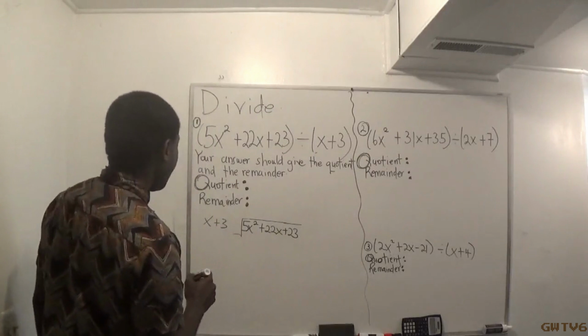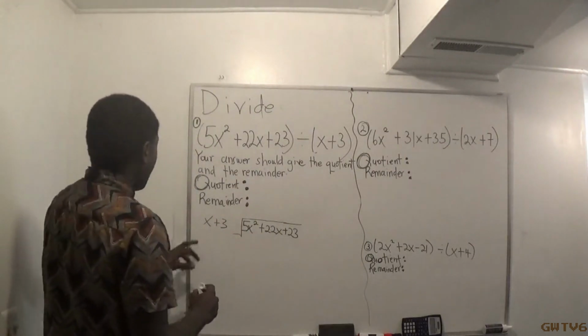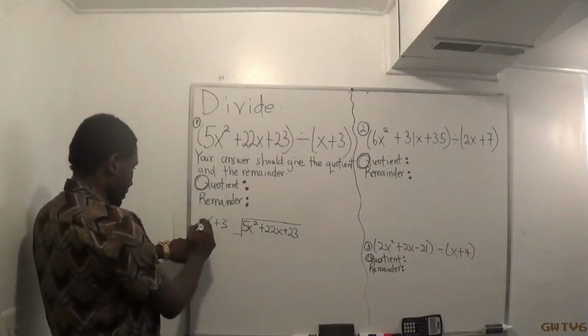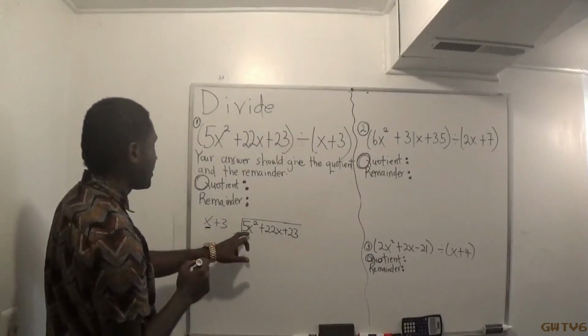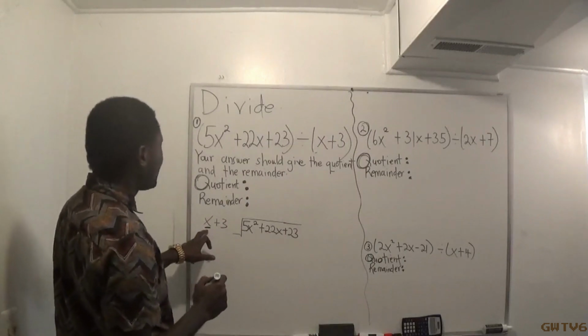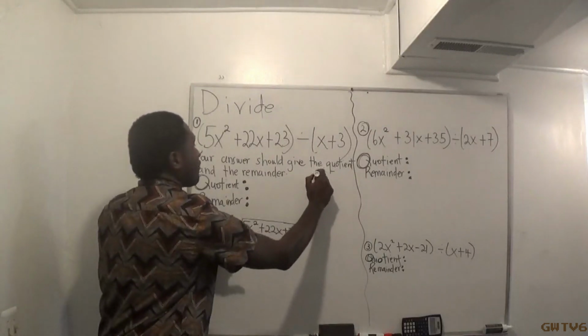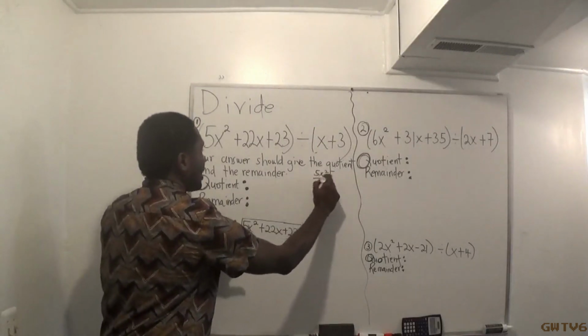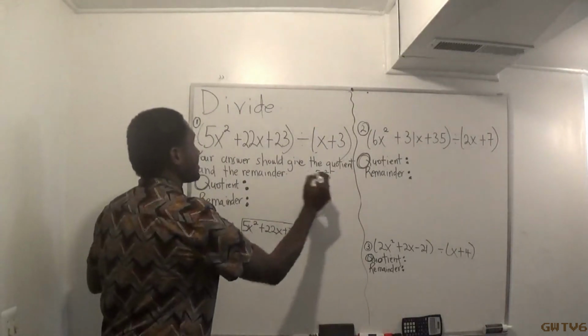And then I'm going to have to do it this way. I start with the first one. I take this and divide by that first one. So let me just do it on the side. I took the first one here, which is 5x squared, and I divide by this first one, which is x.